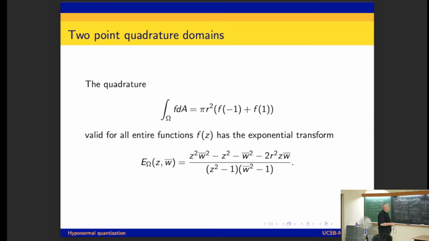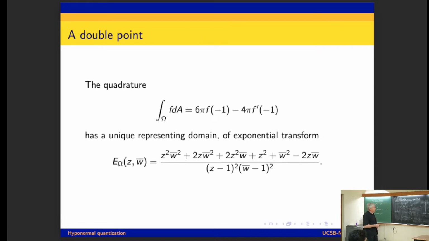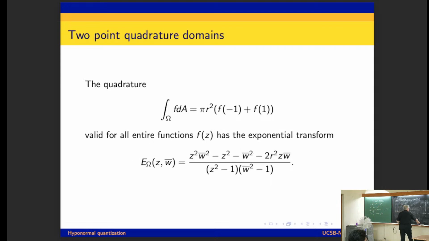And the exponential transform is this. The denominator has to be this, a polynomial which vanishes there, polarized. The numerator, simple computation, will be exactly this one. Or if you take a double point, and what is the shape here, by the way? The shape will be a lemniscate.